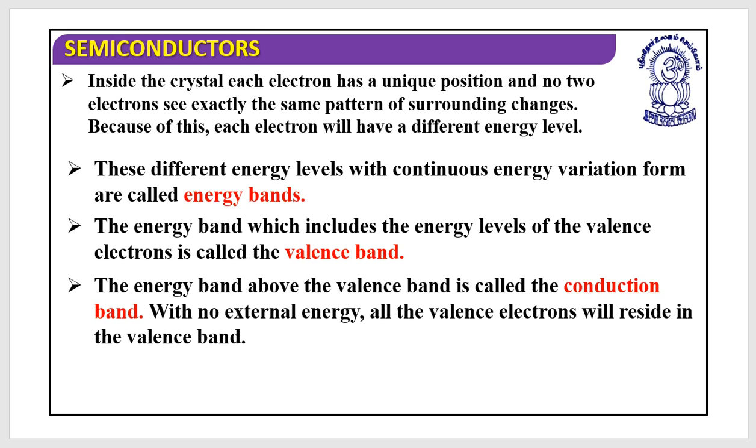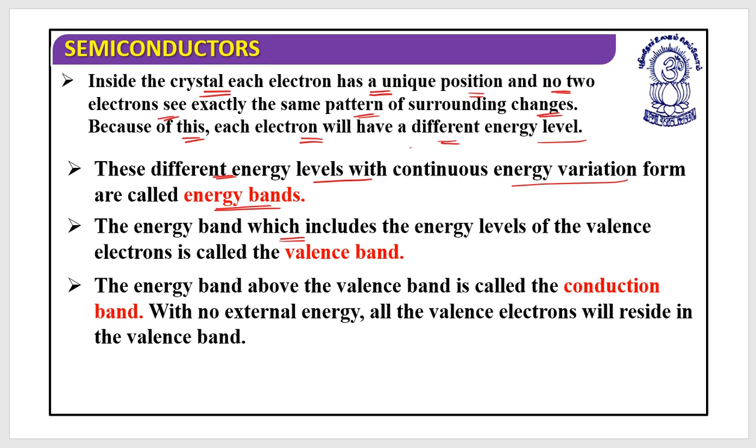Inside the crystal, each electron has a unique position, and no two electrons see exactly the same pattern of surroundings. Because of this, each electron will have a different energy level, and these different energy levels with a continuous energy variation form what are called the energy bands.